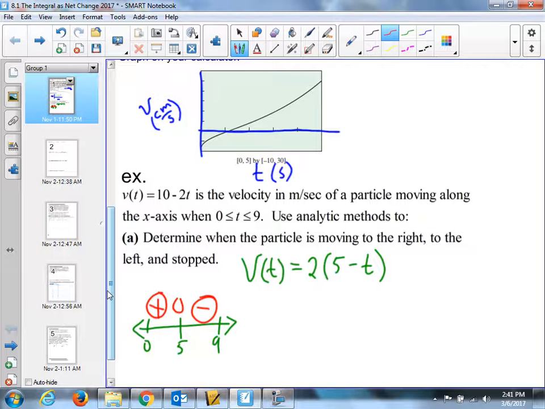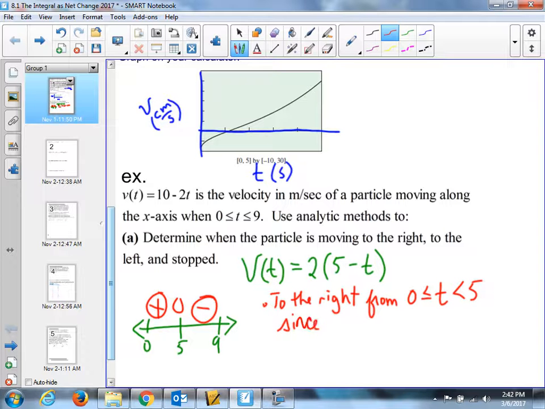To the right on the interval from 0 to 5 seconds, 0 seconds to 5 seconds.